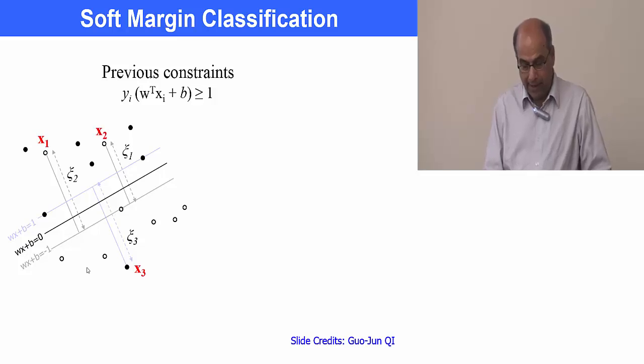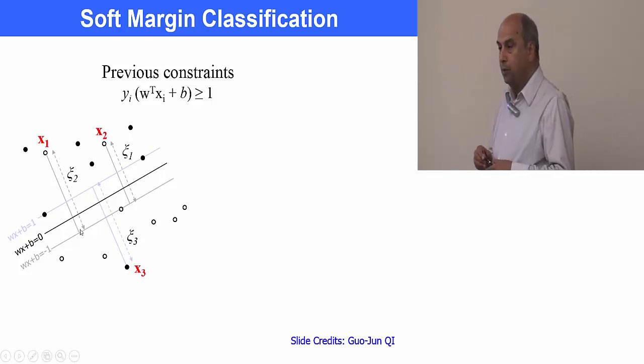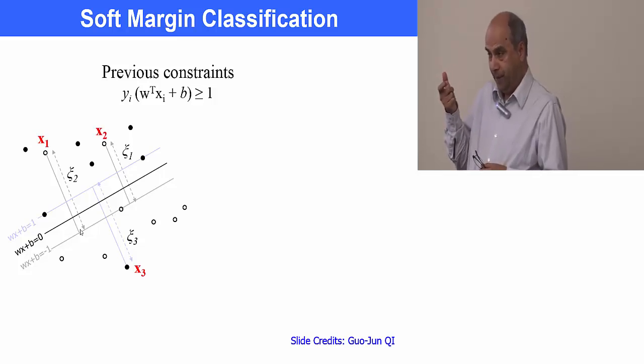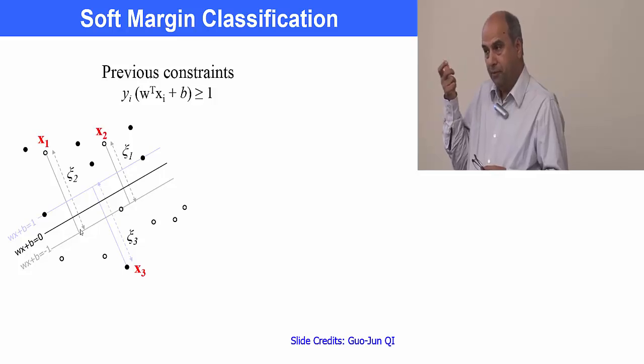So we are going to look at the error, which is the distance from x2 to this margin, this line, and this error from here to this one, and this error from here to that one. So we want to minimize that error. This is a different twist of the function we want to use, and which actually works better.